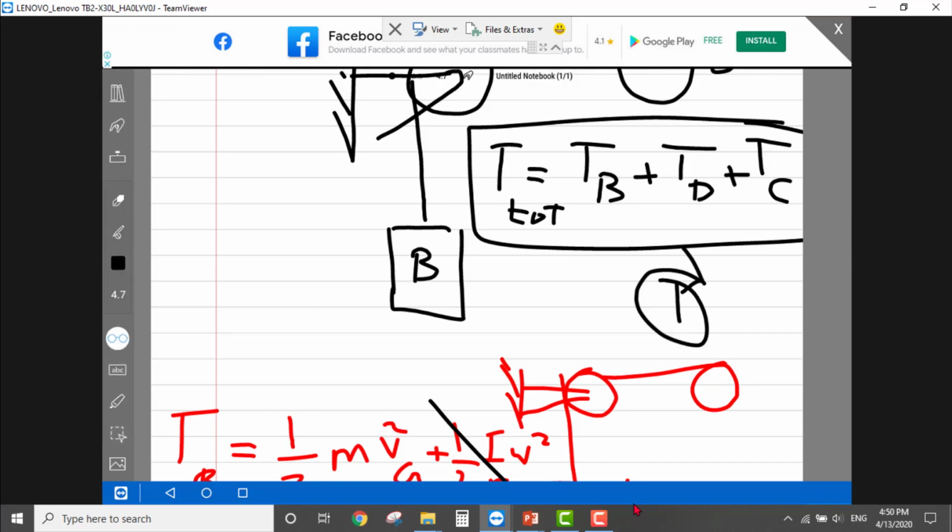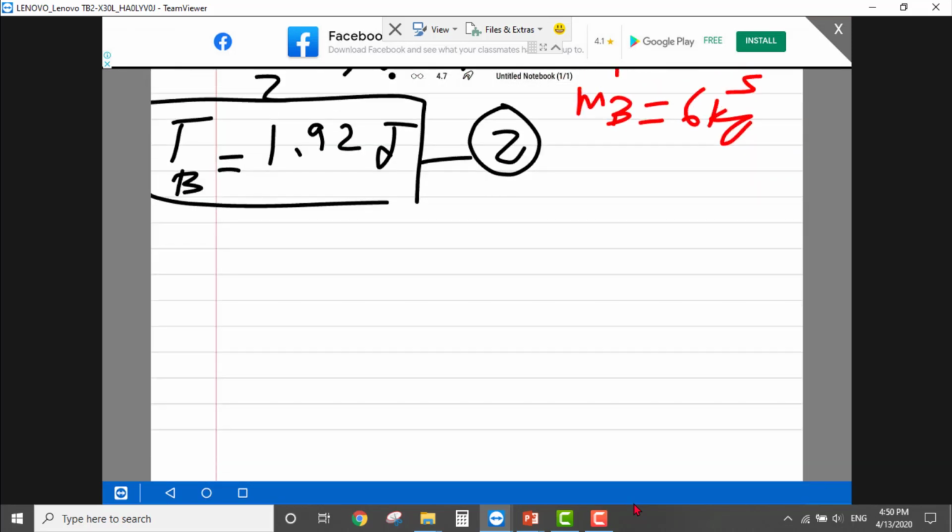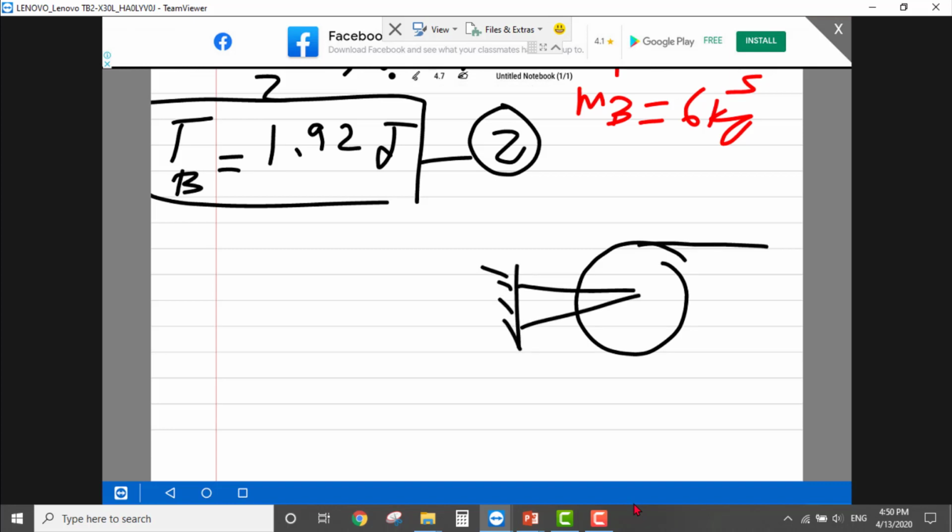Okay. Let's now move to disk D. Okay. Disk D, what do we have? Here is disk D. And here we have cord from this side, and here we have another cord from this side.